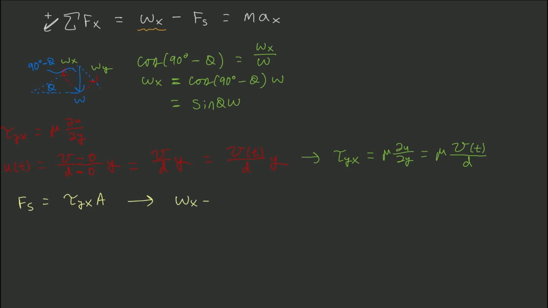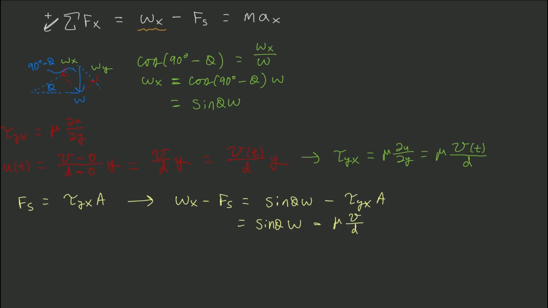So Wx minus Fs is equal to sine theta W minus tau yx A, which is equal to sine theta W minus mu u over d. We'll drop the function notation for now.